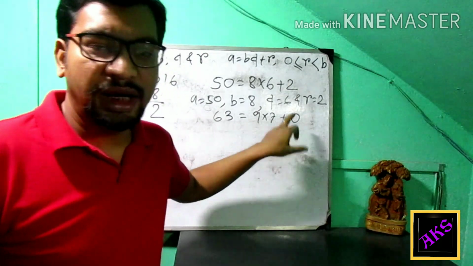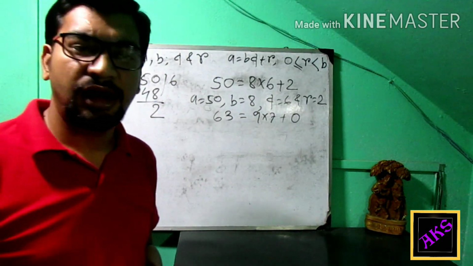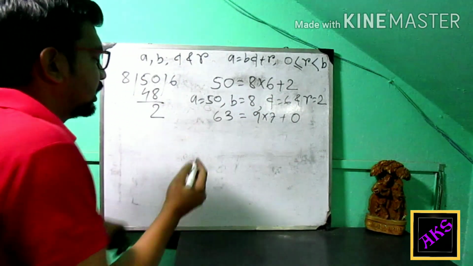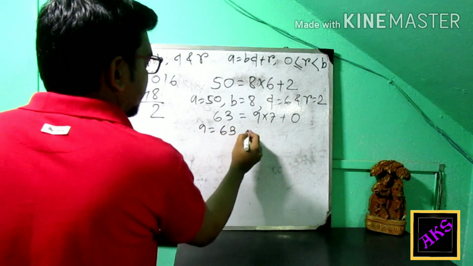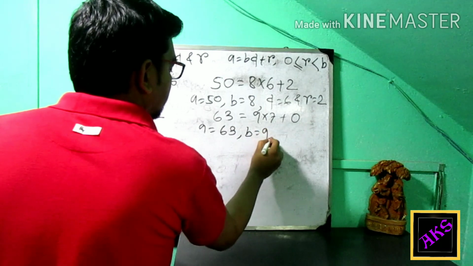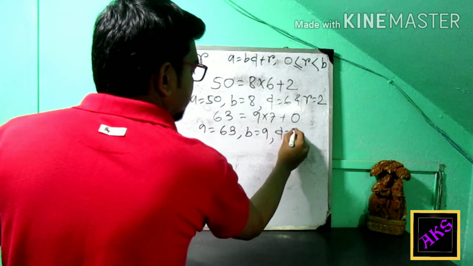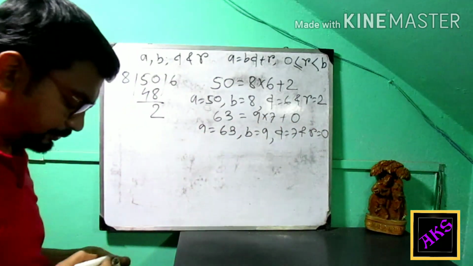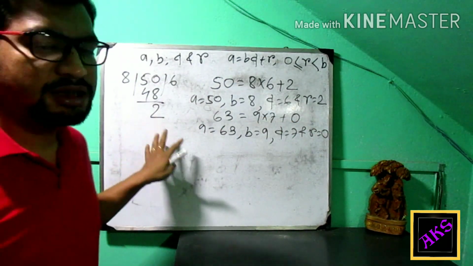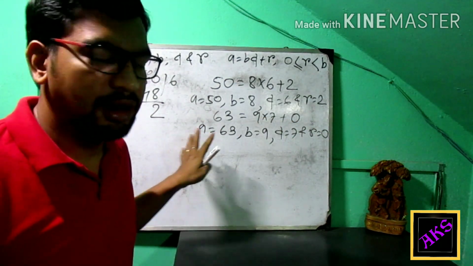So we can write 0 in place of r. So here a equal to 63, b equal to 9, q equal to 7 and r equal to 0. This was Euclid's division lemma.